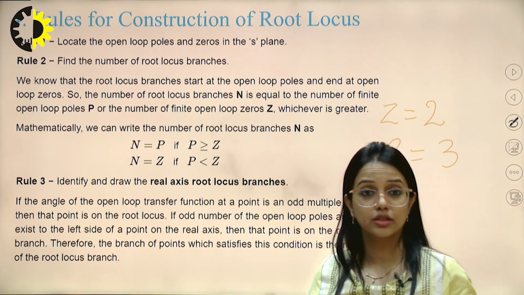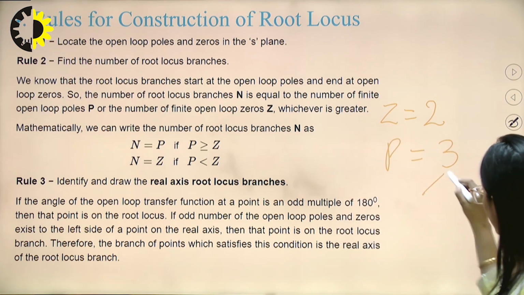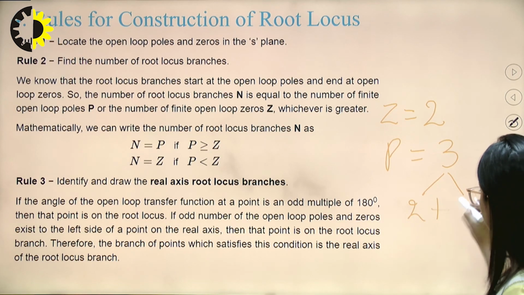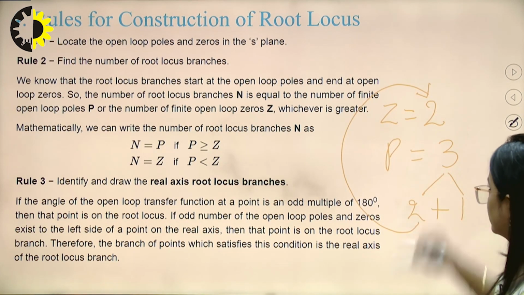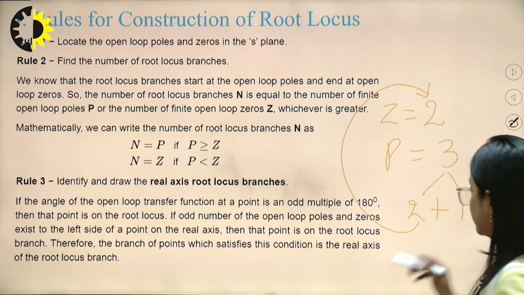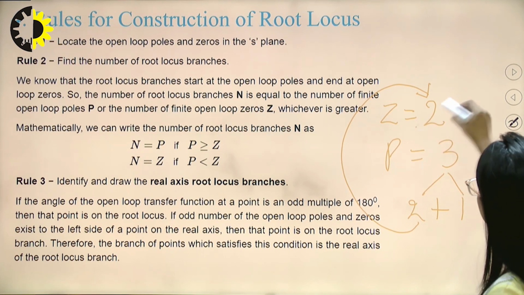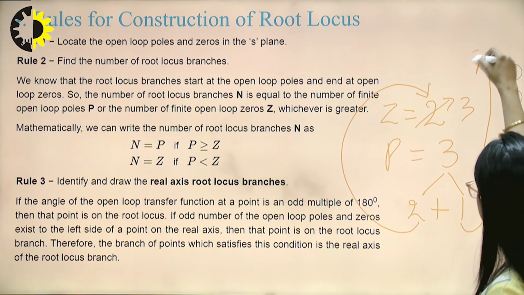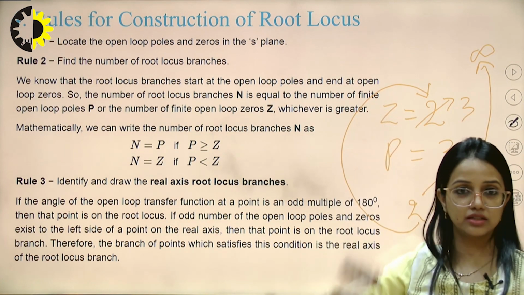Those 2 branches out of these 3 will go and meet these 2 zeros because they are present in the S-plane. This one remaining branch will go and meet at infinity because the third zero is at infinity.